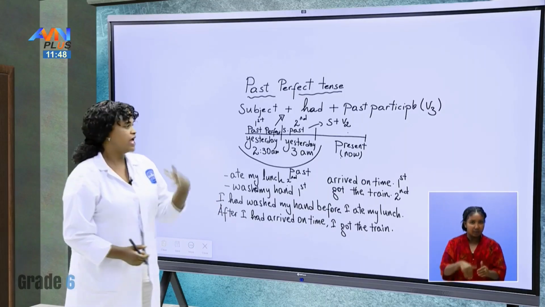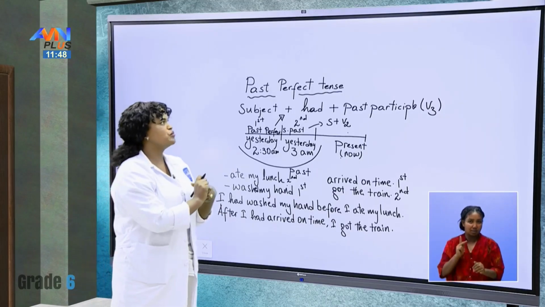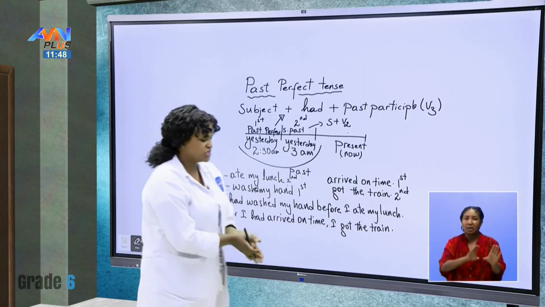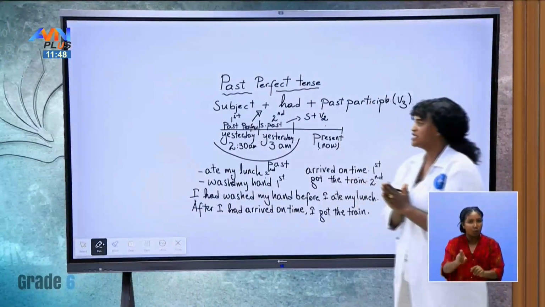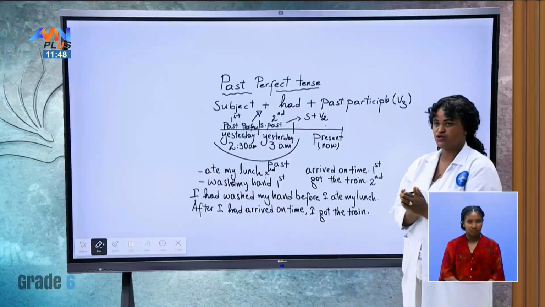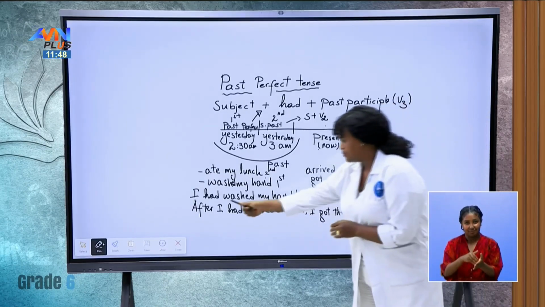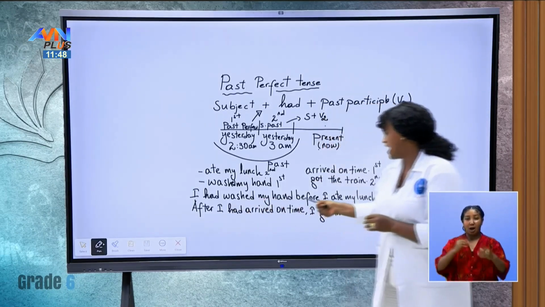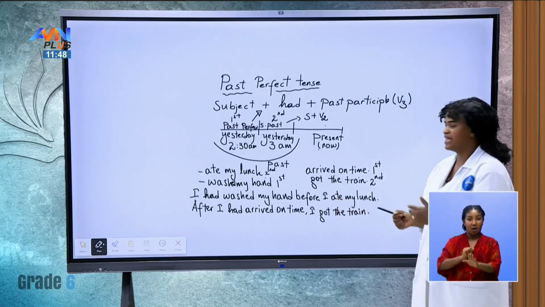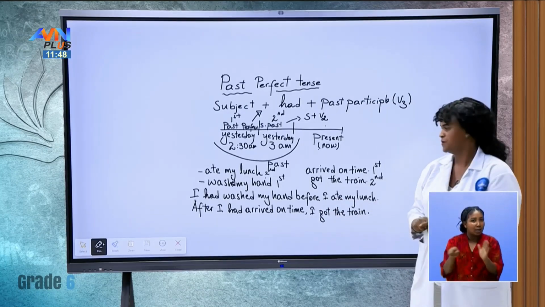And the other thing is how to make negative and interrogative in the past perfect. That's what we tried to see last time. Let's do it again. For example, I had washed my hands before I ate my lunch. How do you make it negative?